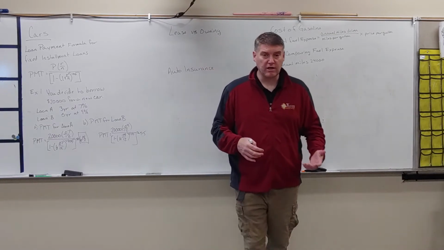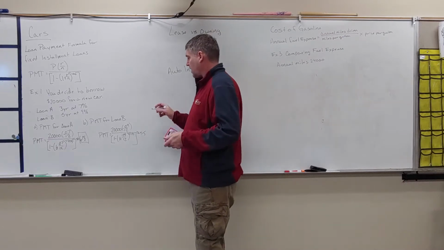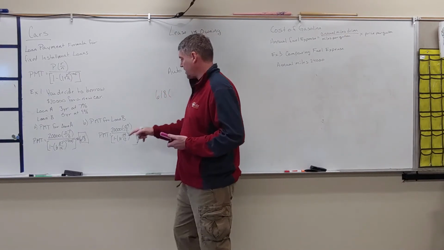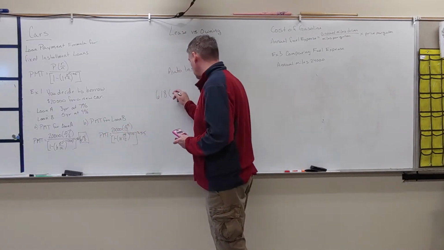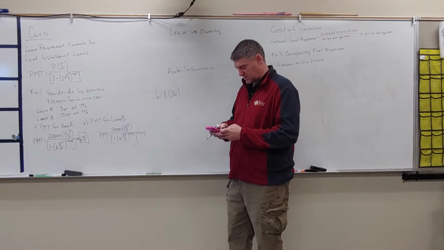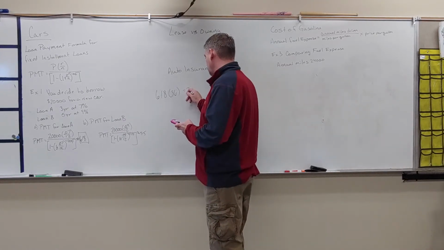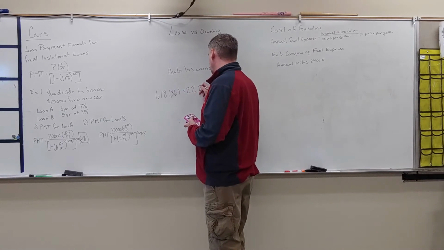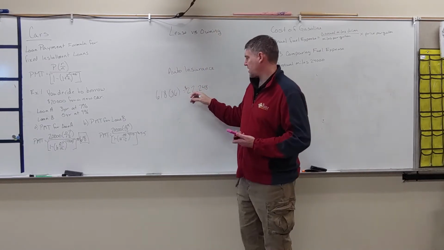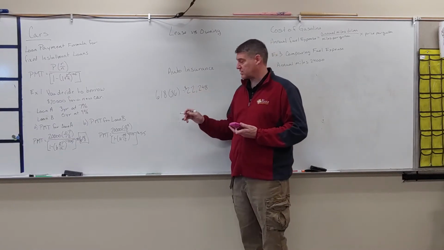Now, if I were to compare them, my total cost would be $618 times how many months I'm paying. So 36. 618 times 36 is going to be $22,248. So roughly we're going to be paying about $2,248 in interest.